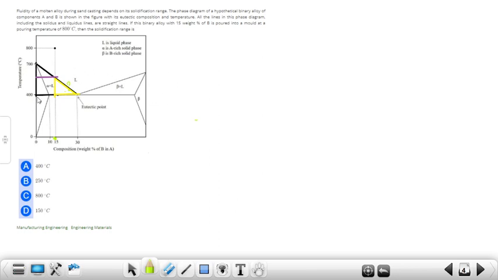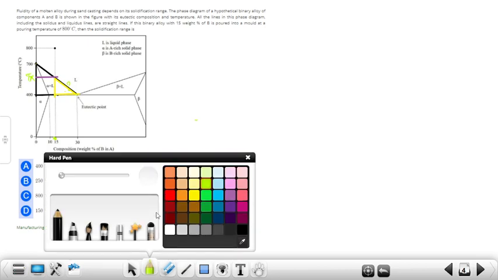So this is 700 and this is 400, and this is 15% and this is 30%. So this temperature we have to find. Let us name this T star. So this black triangle and this yellow triangle are similar, so we can write linearly.